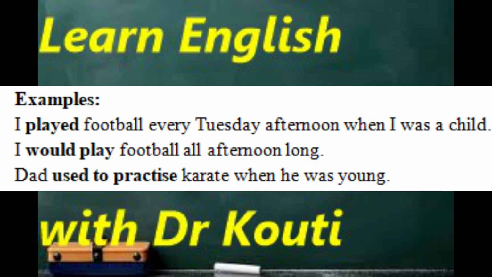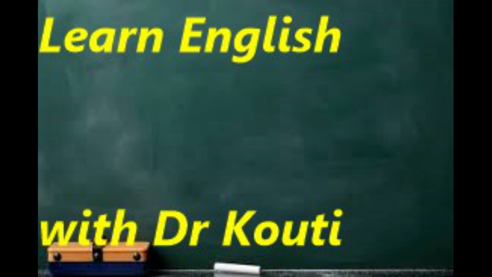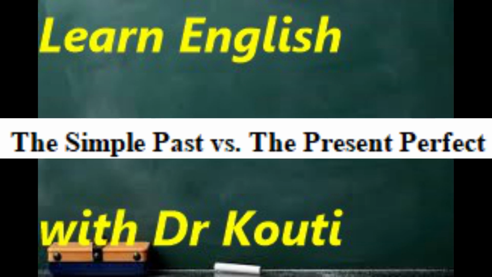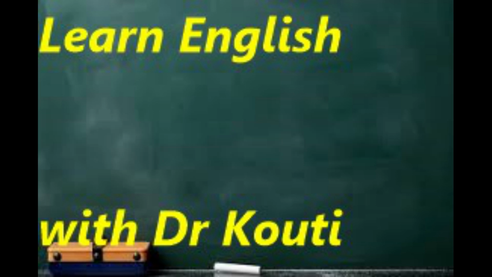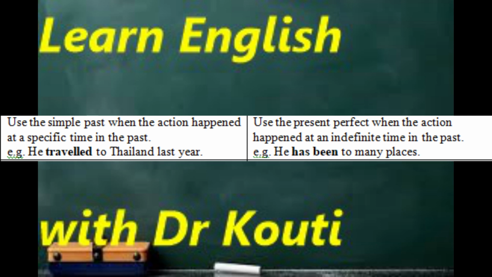That's it. Now let's move to when to use the simple past and when to use the present perfect. Great. So, use the simple past when the action happened at a specific time in the past. For example, he traveled to Thailand last year.